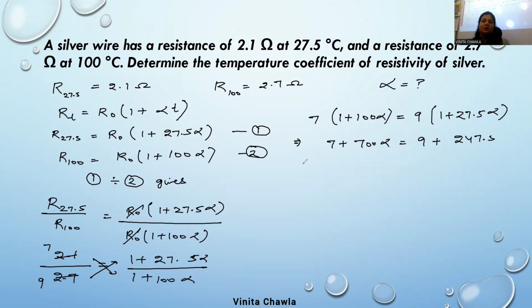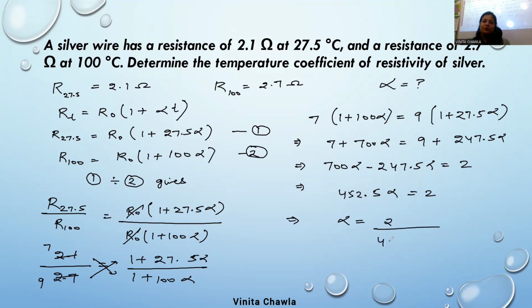247.5 alpha. Okay. 700 alpha minus 247.5 alpha is equal to 2. Subtract and tell me what is coming. 452.5 alpha is equal to 2. This implies alpha is equal to 2 divided by 452.5. Divide.